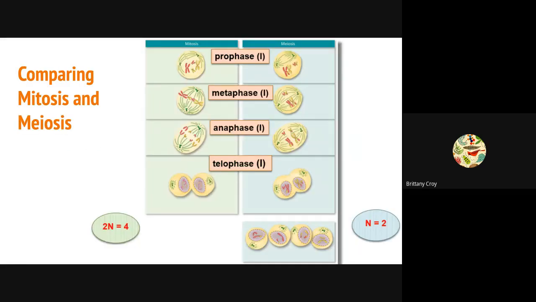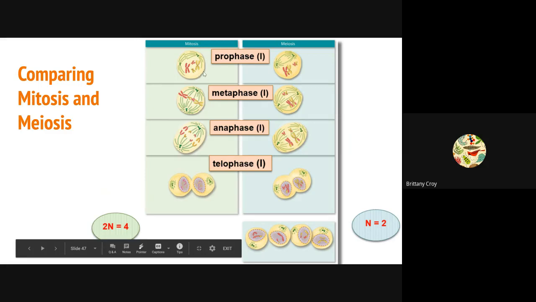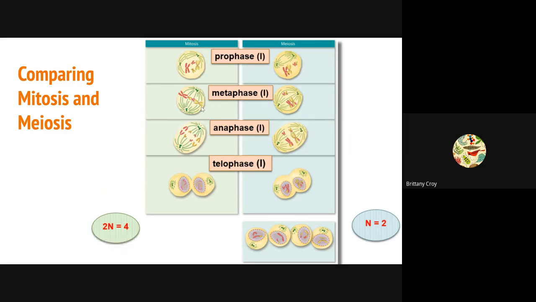Spend some time comparing mitosis and meiosis to really understand the process. Here we have the chromosomes that are separate, and here they're lining up as homologous pairs. When they line up in the middle in mitosis, it's in a straight line, but in meiosis, again, they're lining up as homologous pairs. When they separate in mitosis, they get pulled into single chromatids. When they separate in meiosis, they're still whole chromosomes, because they were lined up as pairs.